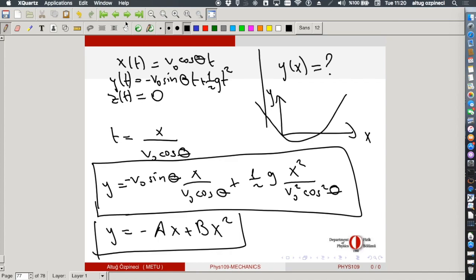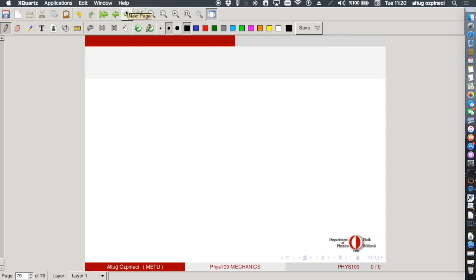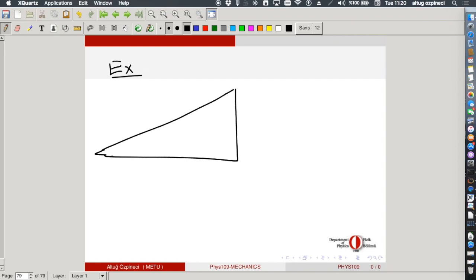Now, before you go, let us look at this problem. We don't have time to solve it, but we can discuss how we can proceed. Let's call this angle theta. This angle is phi. It has an initial velocity, let's call it v0. Where should we put the reference point? At the starting point, okay.